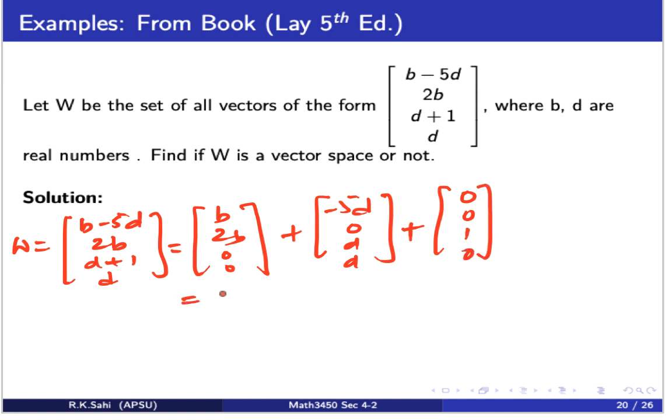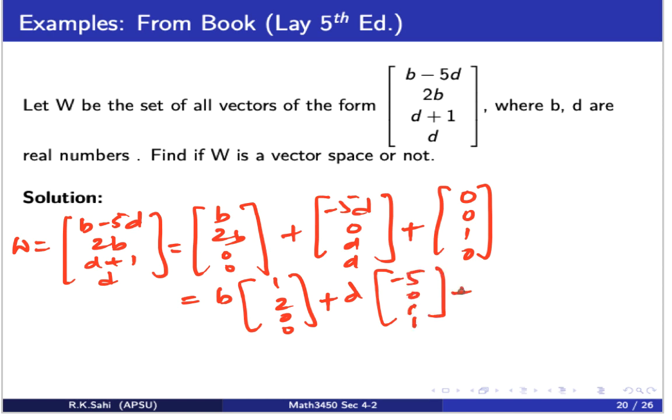Now clearly notice what happens. If B is what? 1 2 0 0 plus D is minus 5 0 1 1 plus 0 0 1 0. Notice, if this has to be a vector space, that means it will take all possible linear combinations of this. So if my B is 0 and my D is 0, what happens?